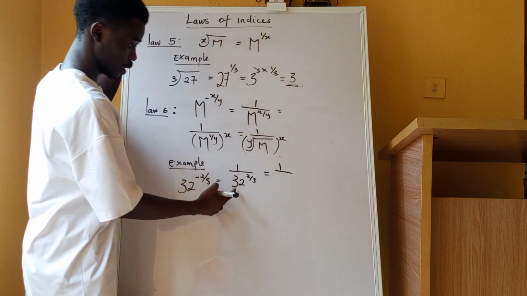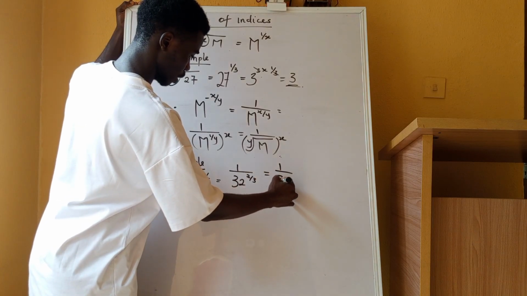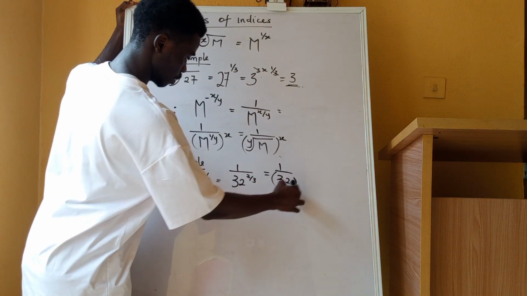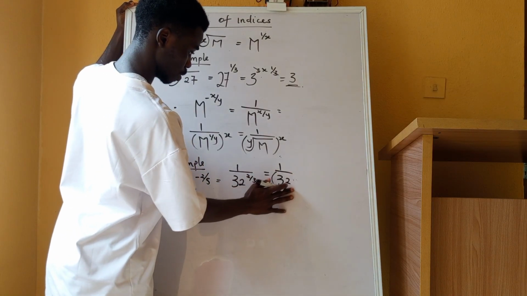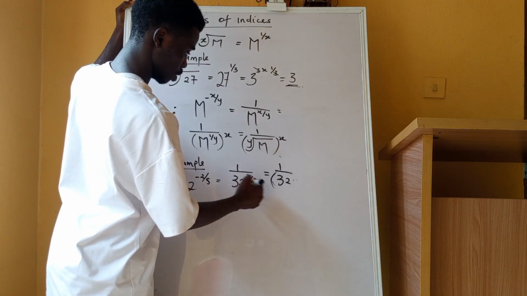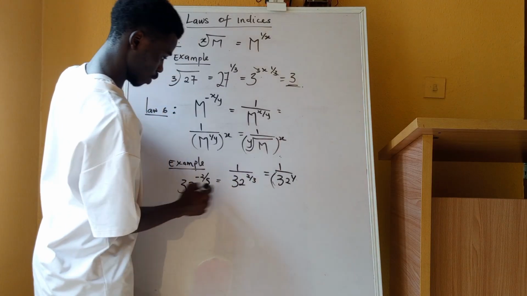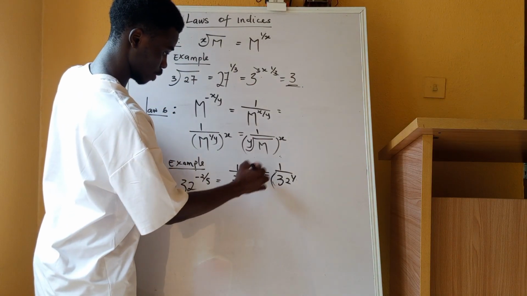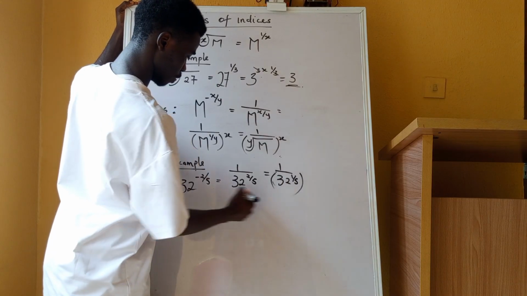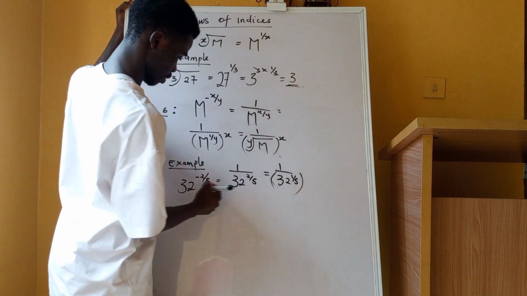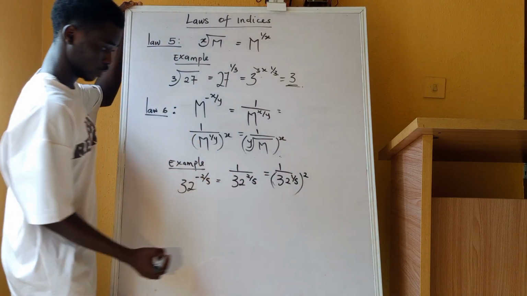So this is equal to 1 over, and I can break this down to say 32 to the power of 1 over 5, everything to the power of 2.